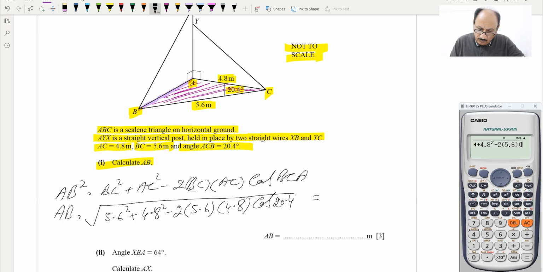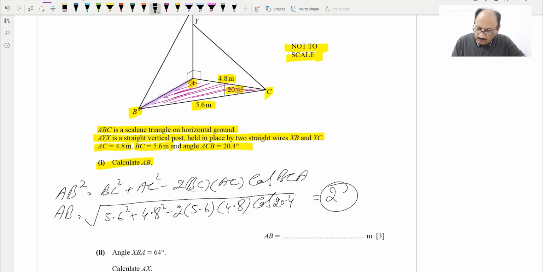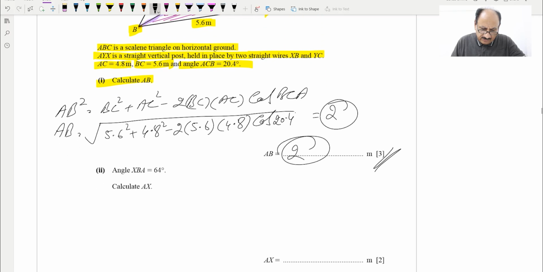Your calculator should be in degree mode, and this is giving us 2.00. So AB is equal to 2 meters. This is for 3 marks. Hopefully you understand this.